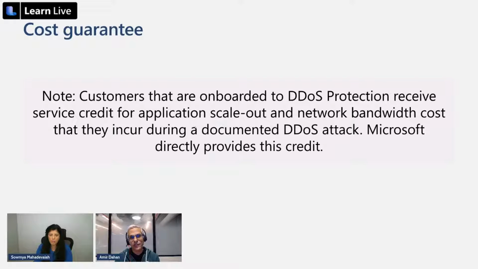So cost guarantee means that when there is a DDoS attack, due to its volumetric nature, there may be cases where the application will scale out or there will be an excess network bandwidth resulted from the application. And it doesn't really matter what happens as long as there were costs directly derived from a DDoS attack that customers can actually point us to.